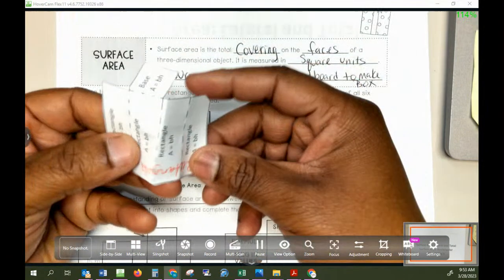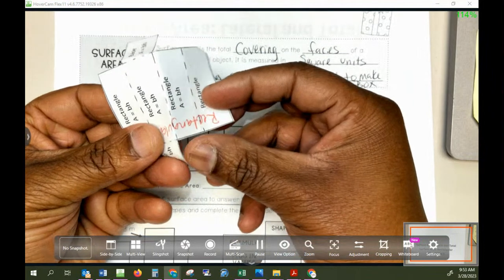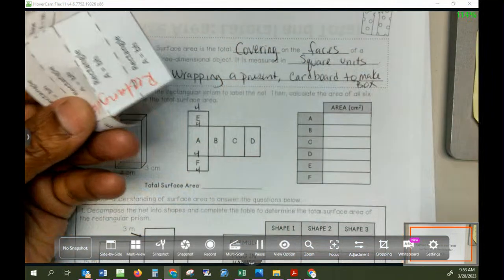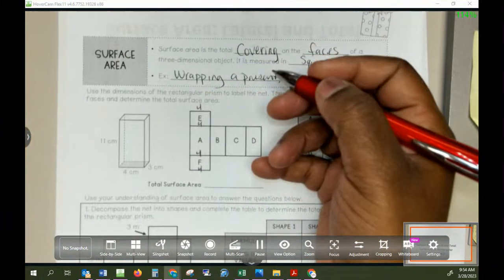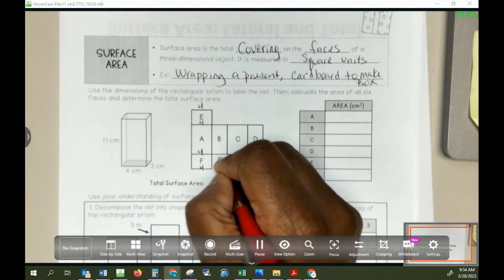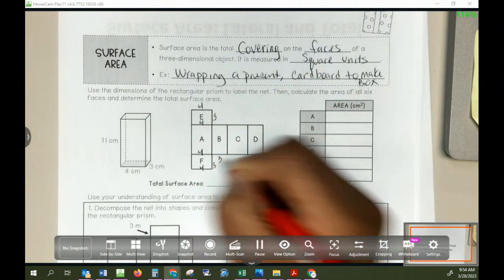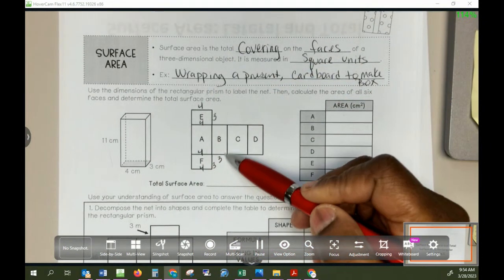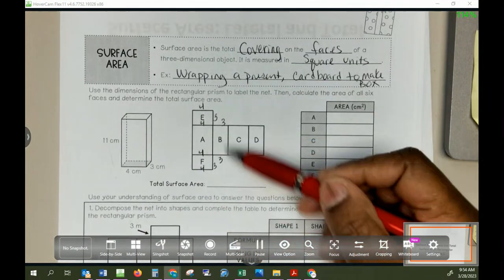Because if I have my shape formed, I need to know that 3 will be here and here. So on my cutout, when I'm unfolding it, I know that if this is 3, this also is 3. So the sides here are 3 as well as for B.